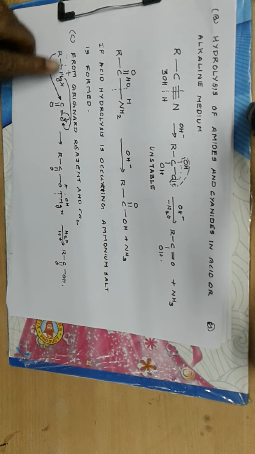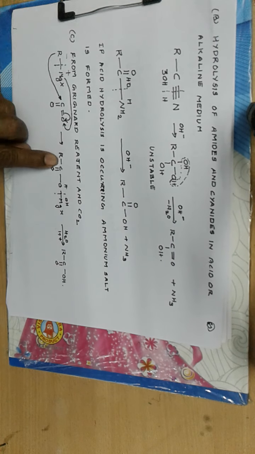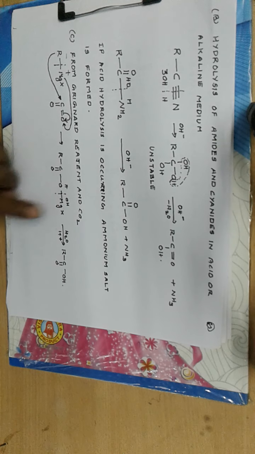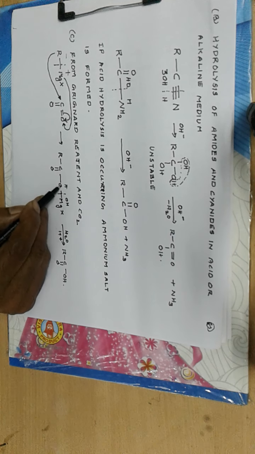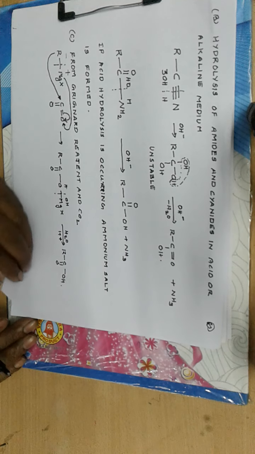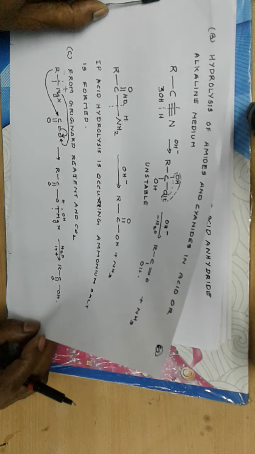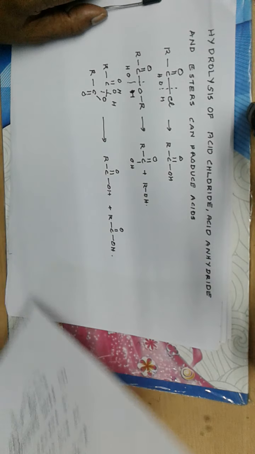Now the R part combines with C and MgX combines with O. So RC double bond O, OMgX is formed, which on hydrolysis with HOH gives Mg(OH)X and RCOOH. So that is the conversion of Grignard reagent into carboxylic acid.